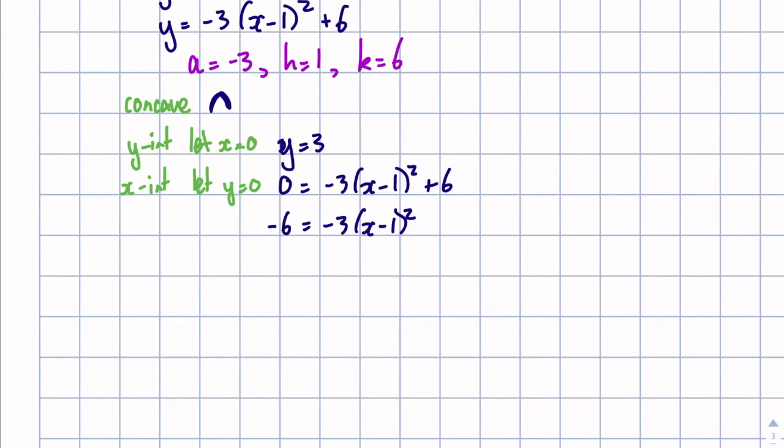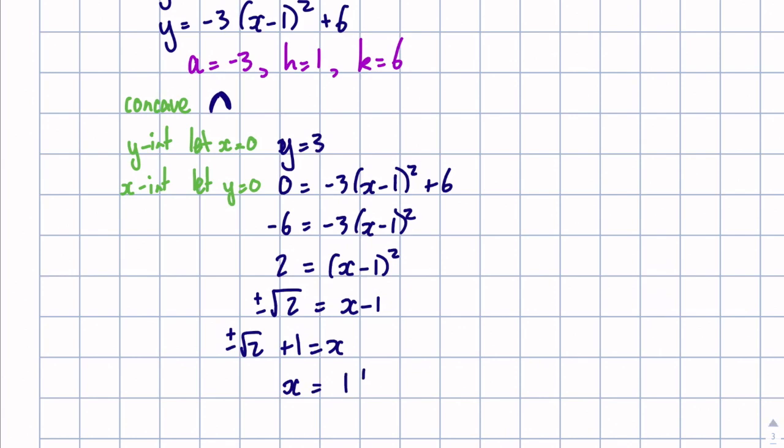Negative 6 divided by negative 3 is positive 2 equals (x take 1) squared. And now I can square root. Plus minus the square root of 2 equals x take 1. I now add 1 to both sides. So plus minus root 2 plus 1 equals x. Another way of writing that is x equals 1 plus minus root 2.